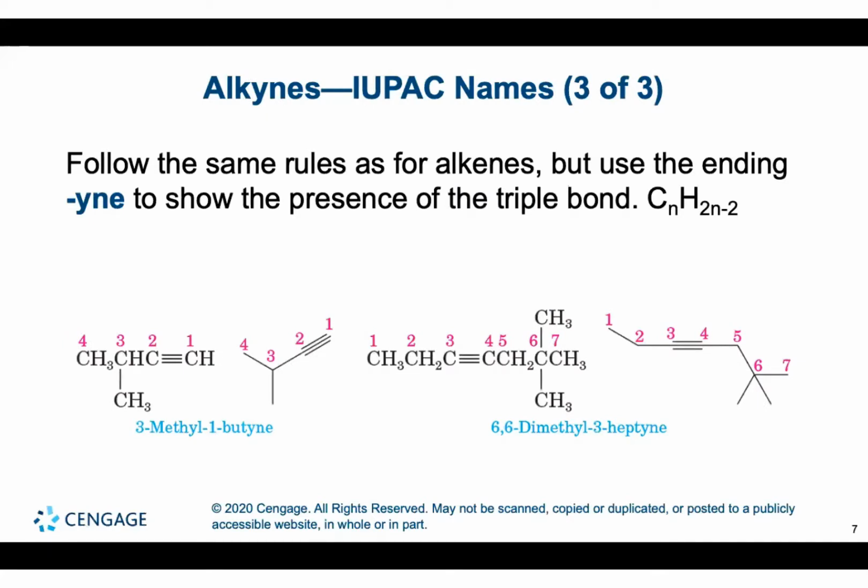Okay, so let's go to alkynes. The rules for alkynes are the same rules that we talked about for alkenes. First you should find the longest chain, but the longest chain should include your triple bond.